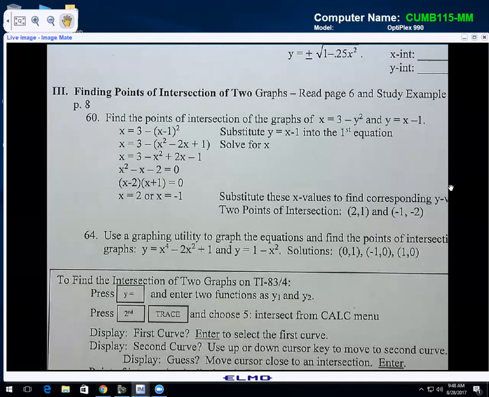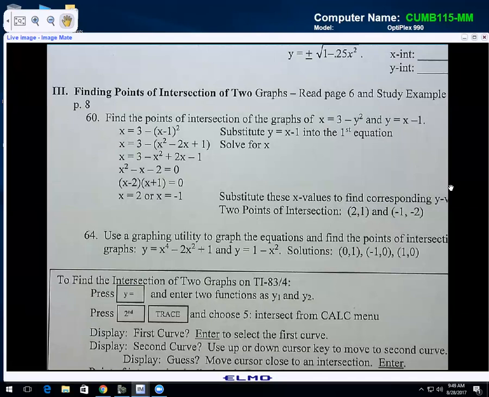Find the points of intersection for x equals 3 minus y squared and y equals x squared minus 1. I just said, well, if y is the same thing as x squared minus 1, I can put x squared minus 1 in place of that y and solve for x.